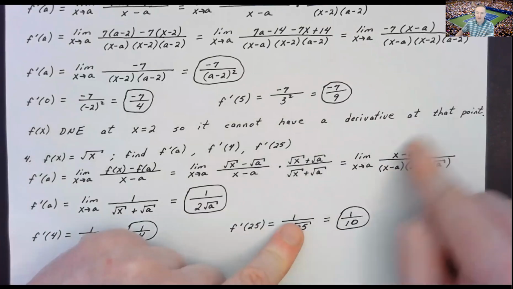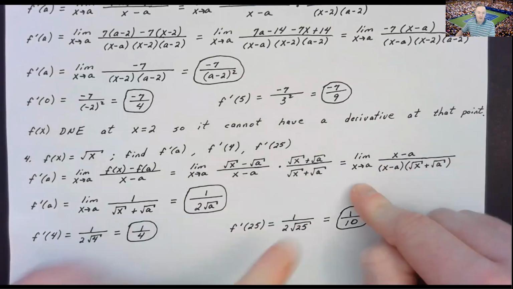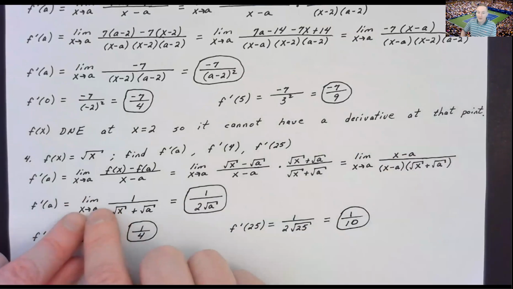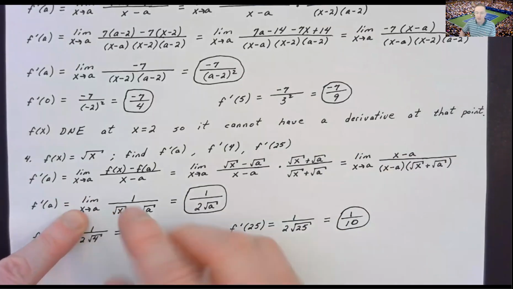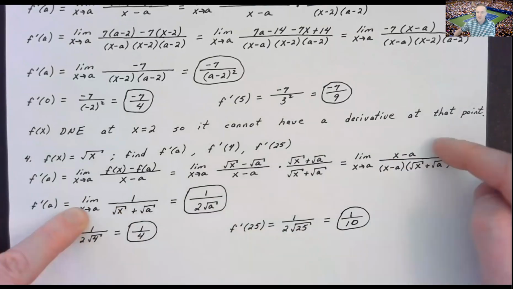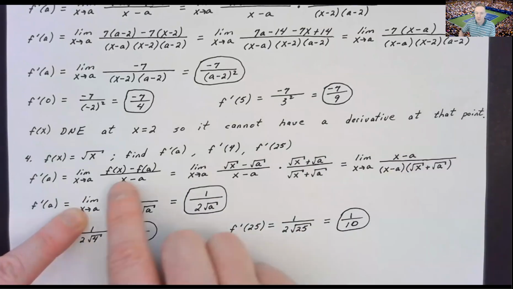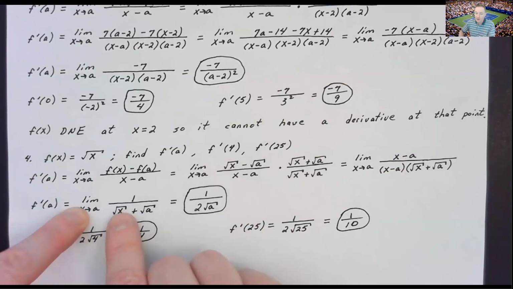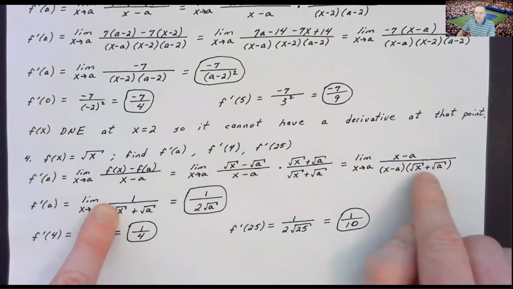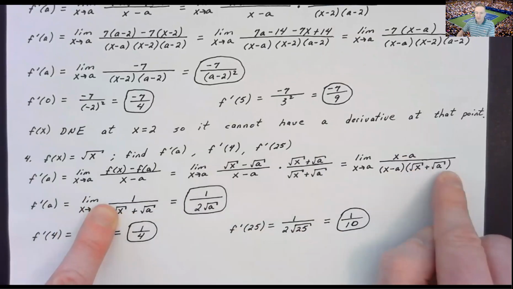The x minus a's go away. Then f prime of a, the derivative evaluated at a, is equal to the limit as x approaches a of a numerator that's understood to be 1 now over a denominator that just has the factor, the root of x plus the root of a.